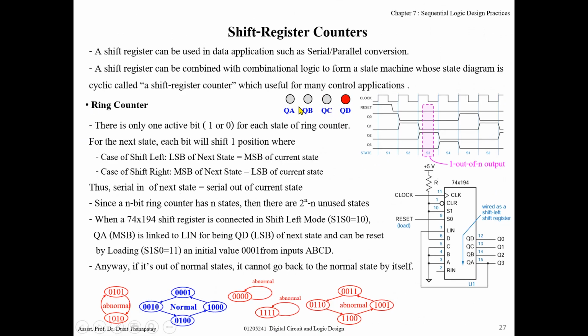Assume the initial state is 0001. Define this as maybe LEDs or lamps. When the clock ticks, tick, tick, tick, the active bit you shift to the next LED, shift, and then back to QD again. So this behavior is called a ring counter. If you want to design this, can you? Yes, right?